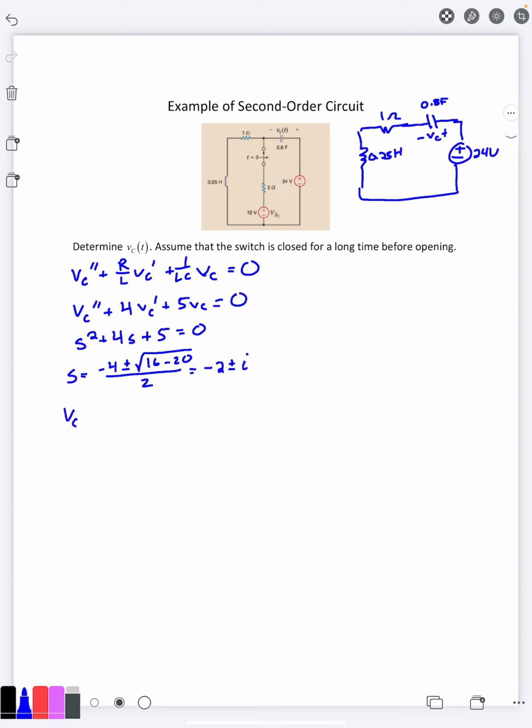So that means our default equation for the homogeneous part would be k1 e to the negative 2t cosine 1t plus k2 e to the negative 2t sine t plus some constant, which we'll have to figure out. It's going to be the value at infinity.